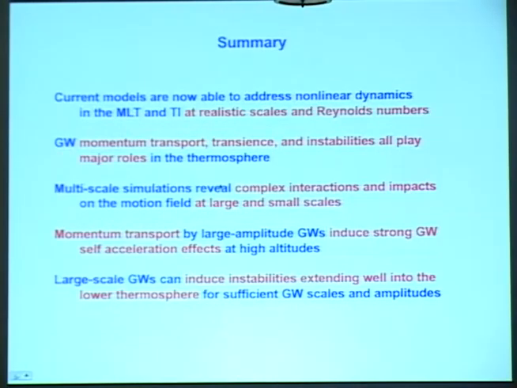Gravity wave momentum transport, transients, and instabilities all play major roles in the thermosphere. That's because the mean flow responds very strongly to the gravity wave. Instabilities drive a rapid cascade of energy to other scales within the spectrum, both other gravity waves via wave-wave interactions and to turbulence processes at smaller scales.